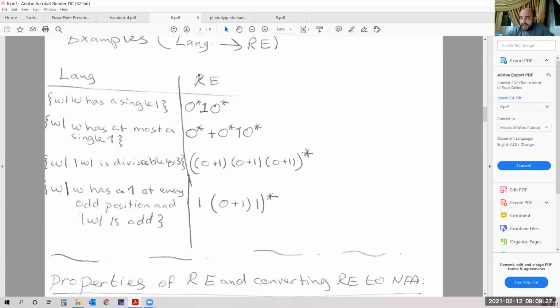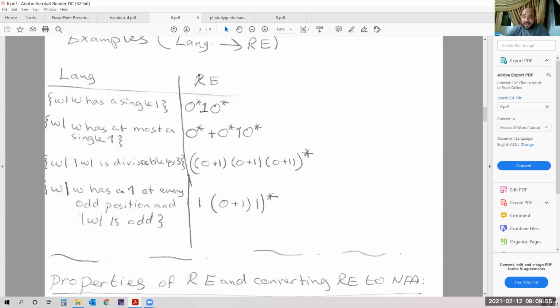Then if I have a string W, where W has a 1 at every odd position, and the length of W, the whole string with zeros, is odd. So W is a string that has 1 at every odd position, and the length of W is odd also.